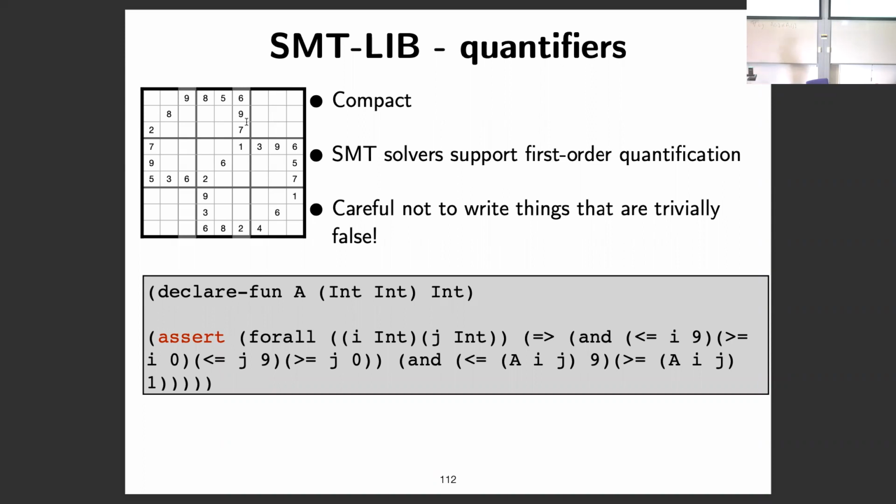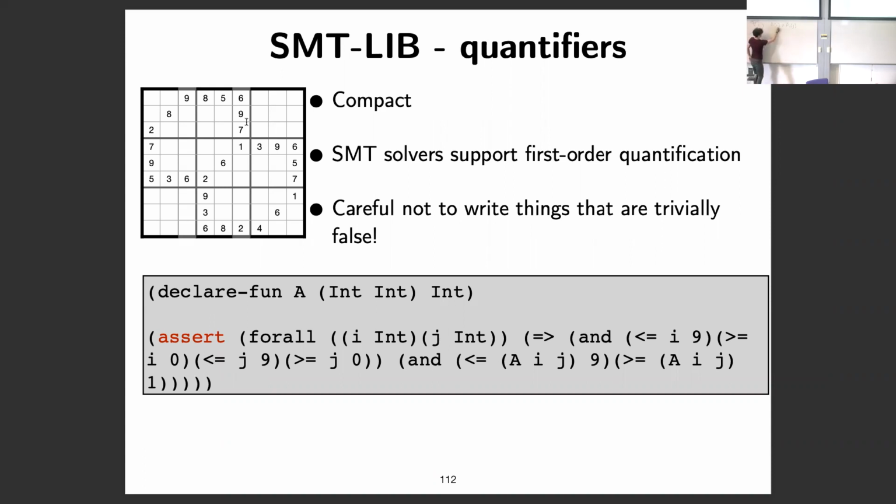What does this evaluate to? Yeah, this evaluates to false, because when i and j are the same, they obviously have to be equal. You can't have an empty array in SMT because your arrays have to be the size of the index sort.